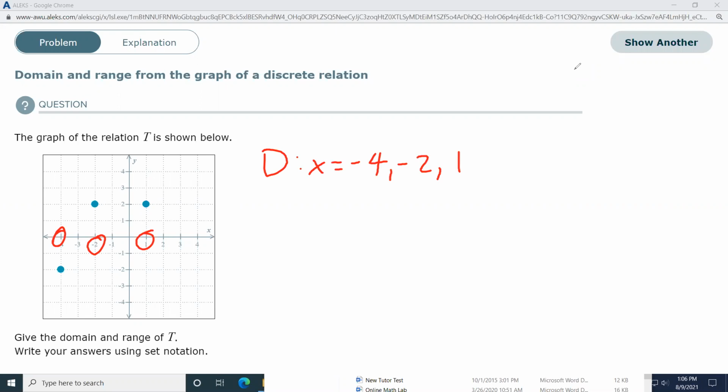Now the range is all the y values that are being used. Okay, -2, and both of these guys use +2 for the y value. And then that would be it. That's the whole problem.